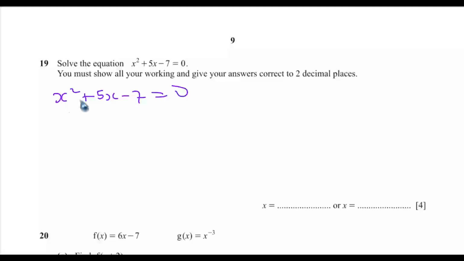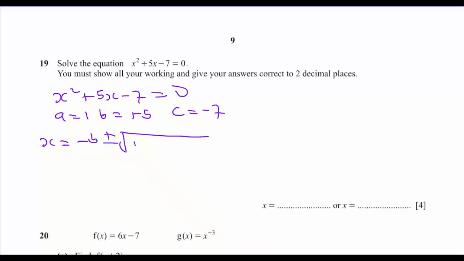So if you compare this quadratic equation with the general form of quadratic equation, we see that the value of a is equal to 1, b is equal to positive 5, and c is equal to negative 7. So using the quadratic formula, x equals minus b plus or minus square root of b squared minus 4ac, then everything over 2a. So let's plug in the values of the parameters.